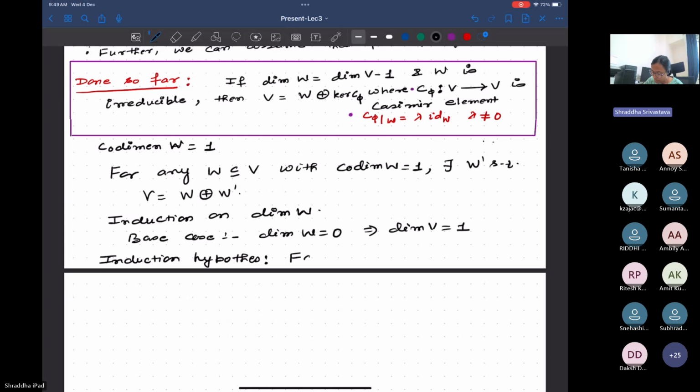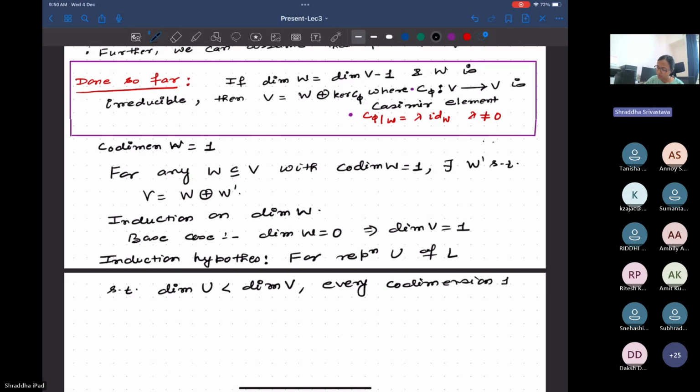The induction hypothesis is that for every representation U of L such that the dimension of U is strictly less than the dimension of V, every co-dimension 1 sub-representation of U has a complement in U. Okay, so this is the induction hypothesis.